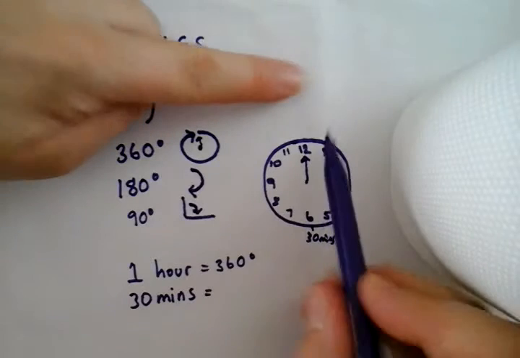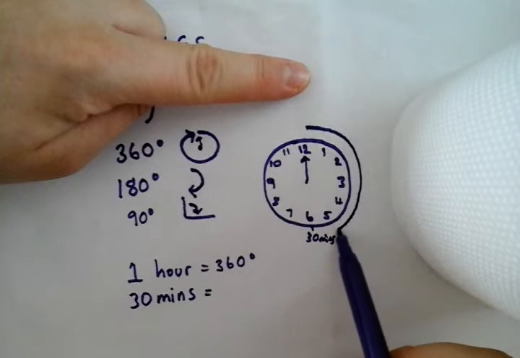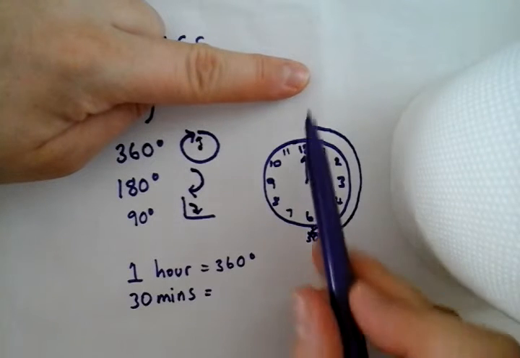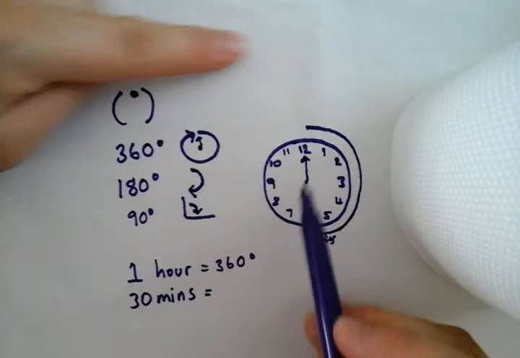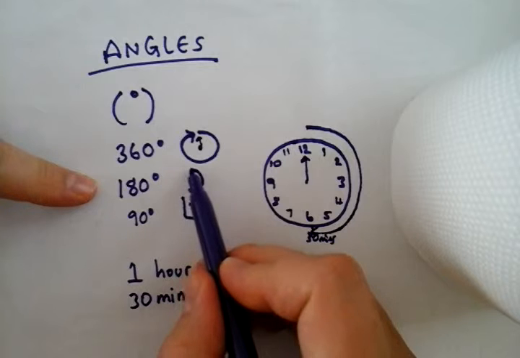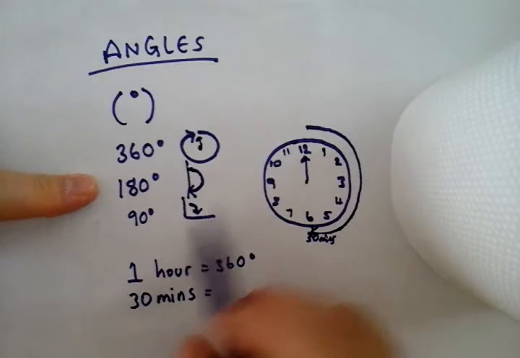And if we draw that, it'll start from here, go all the way around, and end here. If you look at that shape, it's half the clock, and that looks exactly like 180 degrees.